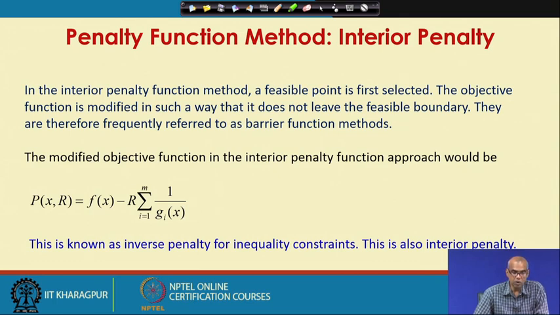The objective function is modified in such a way that it does not leave the feasible boundary. It always remains within the feasible region. These methods are therefore frequently referred to as barrier function methods.